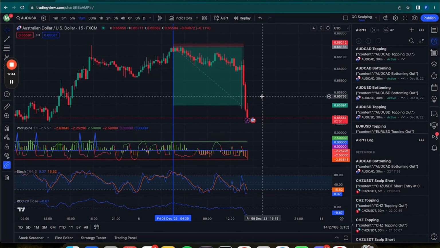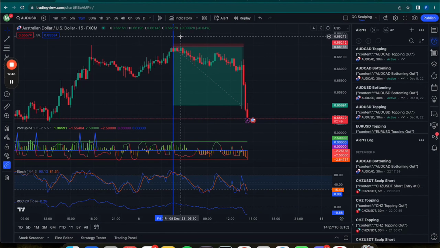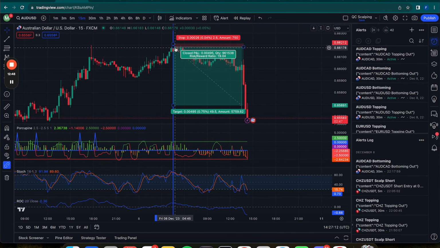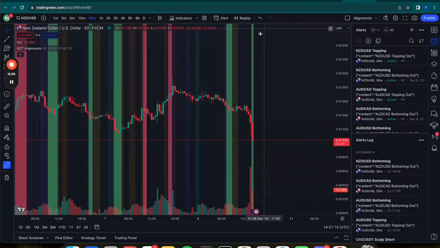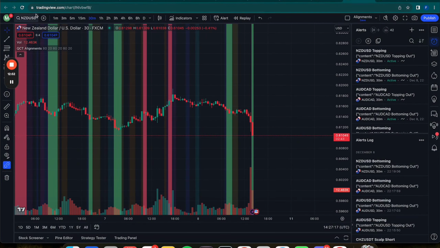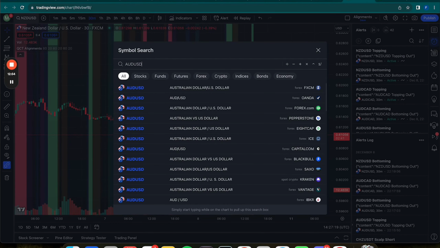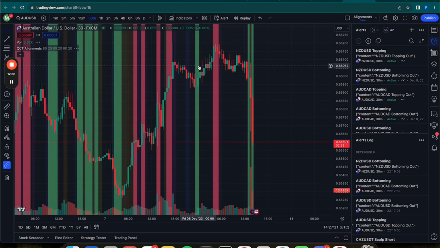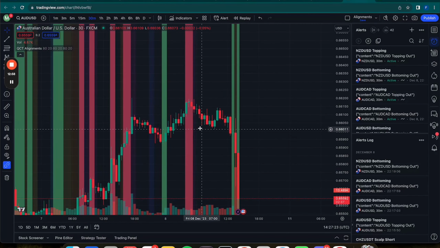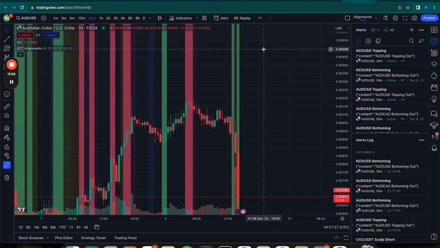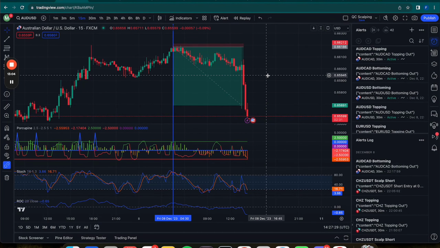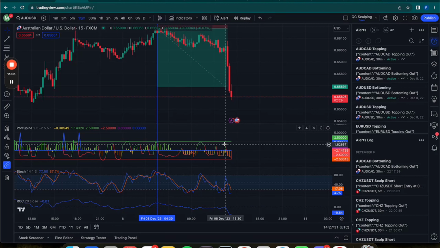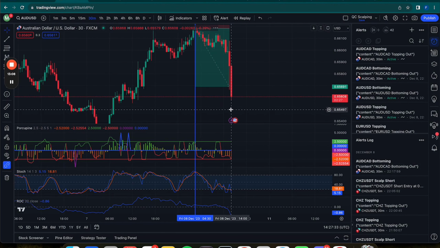So how we found this trade was that we had our alignments, right? Which is literally something that I just coded here. If I go to AUD USD, that's our setup right here. Obviously our 15 minutes bottomed out here, our 30 minutes bottomed out here.